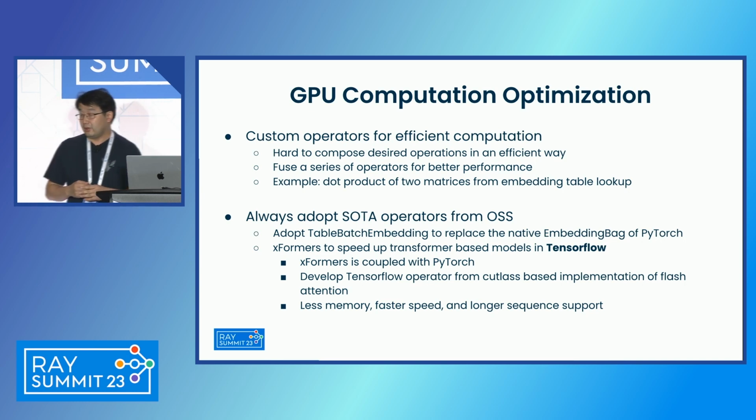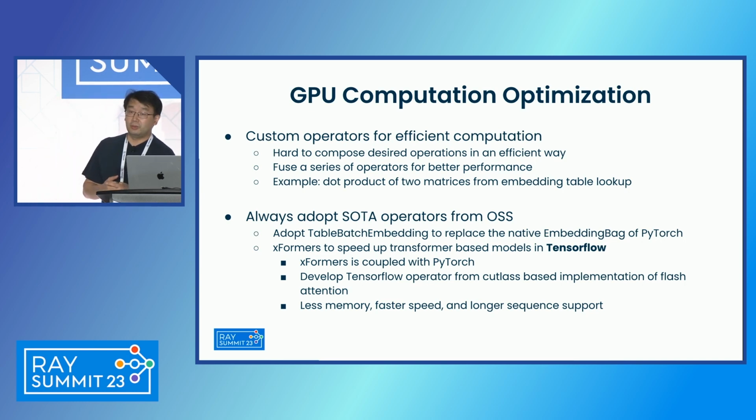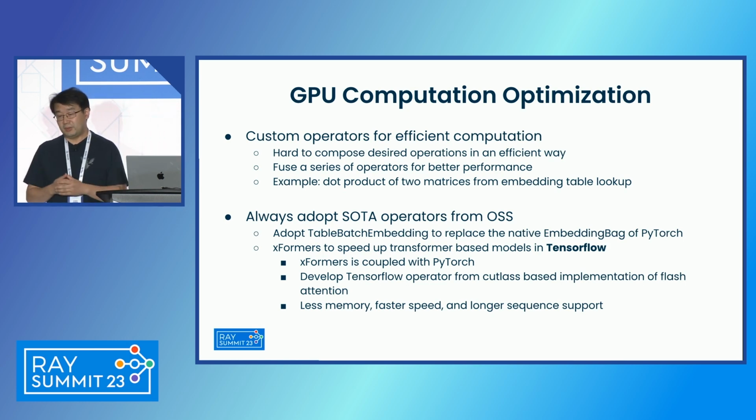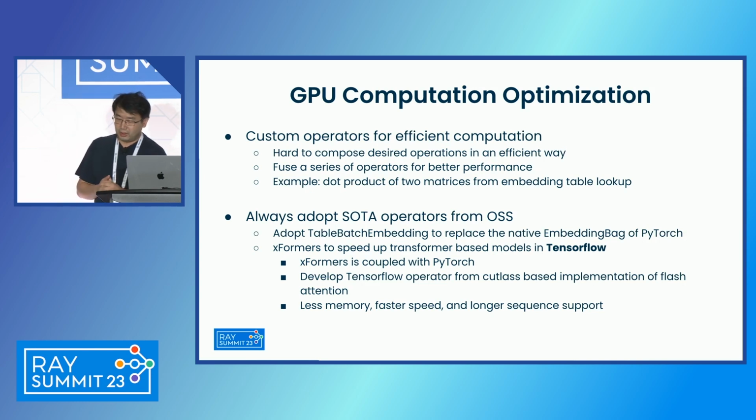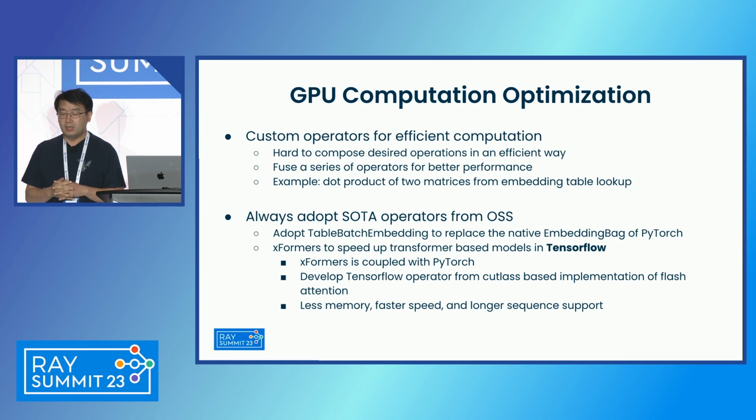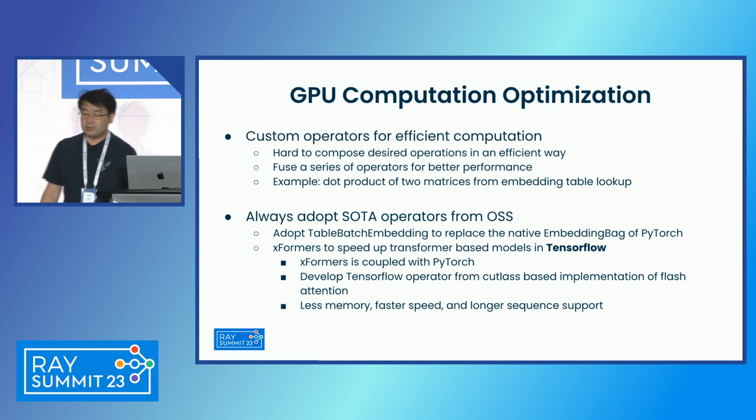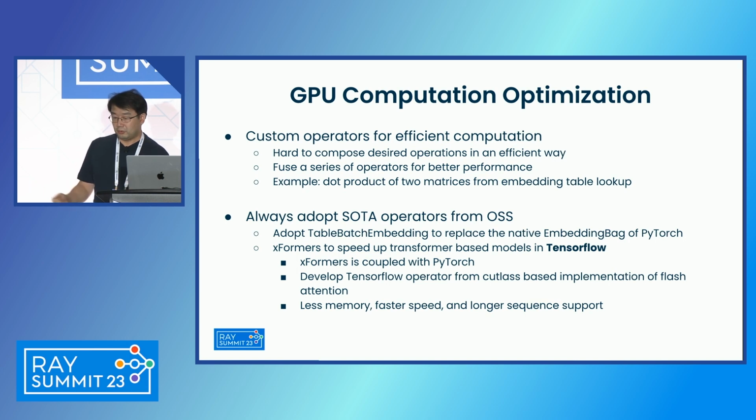The second item is that we always adopt state-of-the-art operators from OSS, no matter whether it's from PyTorch or TensorFlow. For example, we adopt the table batch embedding, which is actually used in Meta for production, to replace the native embedding bag of PyTorch. Another one is xFormers, which is also pretty popular in the PyTorch community.